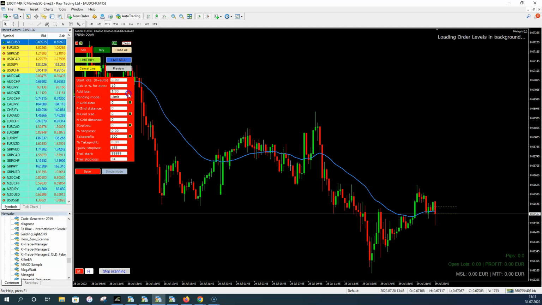Okay, so we put in here a 10, and now the EA would calculate for every trade how risky it is, and if the EA comes to the conclusion, okay, this is not so risky a trade, it's a very standard trade, it looks good, then it would maybe go for the max of 10%, so it would risk 10% of your account balance.